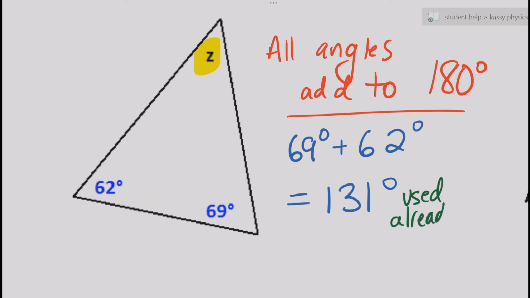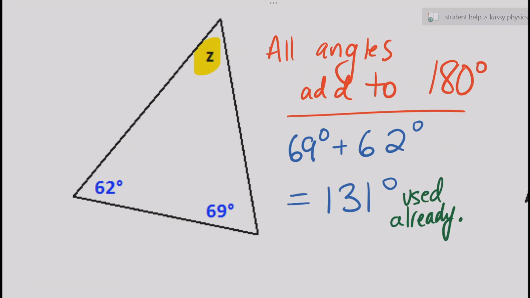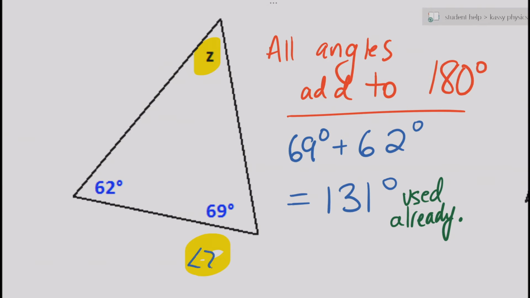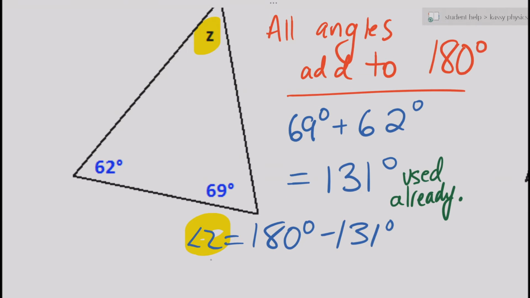So what's left to make angle Z? Well, angle Z's just got to equal the 180 degrees for the whole circle minus the 131 degrees we've already used. And that gives us 49 degrees. Not 490, 49 degrees.